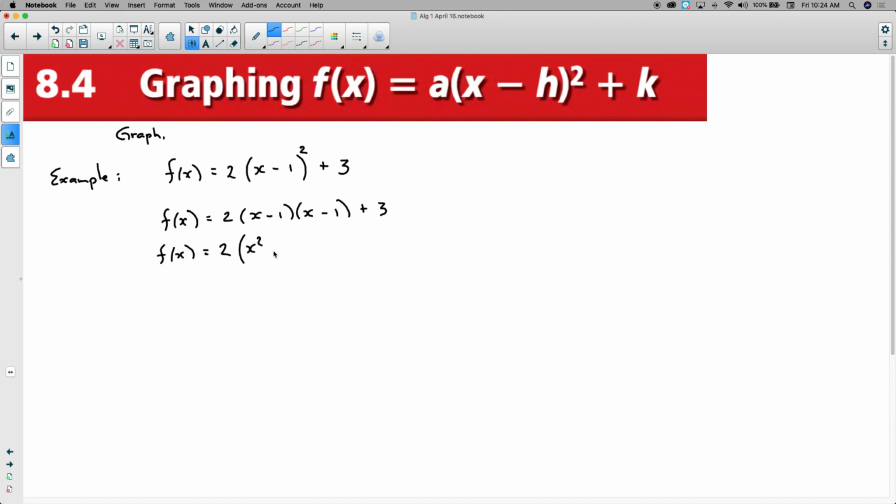So I'll make quick work of that. x squared, I got a minus x and another minus x for minus 2x, and then there's the plus 1. So it's getting closer to standard form. I'm going to distribute in the 2 and turn it into 2x squared minus 4x plus 2 plus 3. And now you can see why I said that you'd be wrong if you think c is 3, because c is going to turn out to be 5.